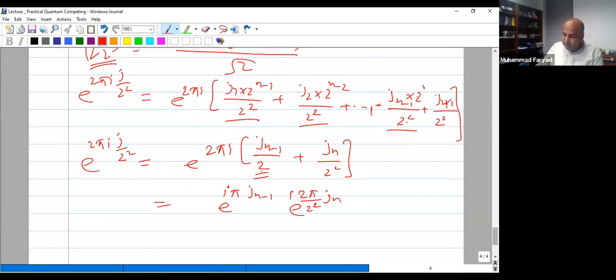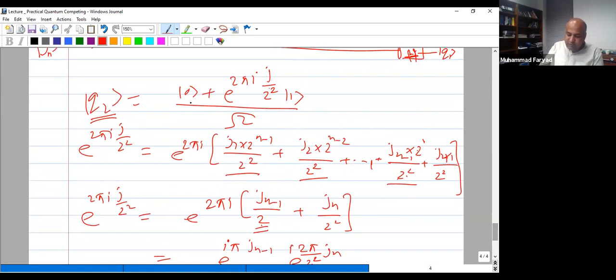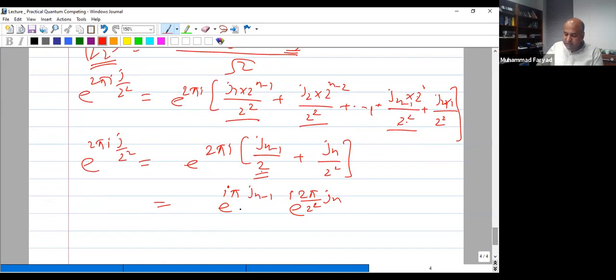So basically, what we need is to give a controlled phase to this one qubit. I can always do this by using a Hadamard on jn minus 1. If my jn minus 1 bit is 0, this doesn't need to be applied, and if my jn minus 1 bit is 1, then I need a phase of minus 1, which is equivalent to applying a Hadamard on jn minus 1.